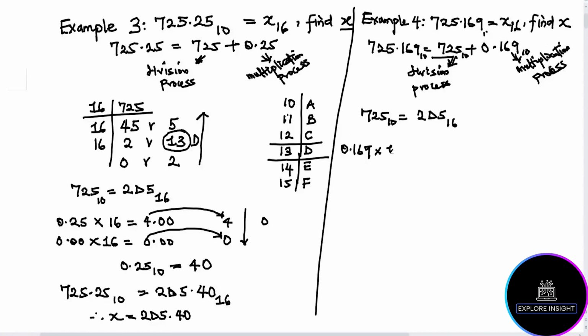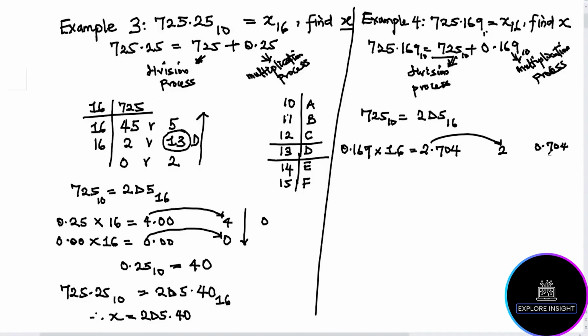So 0.169 multiplied by 16. If you punch your calculator, you're going to have 2.704. Now just move this 2 over here. So 2.704 minus 2 will give us 0.704.